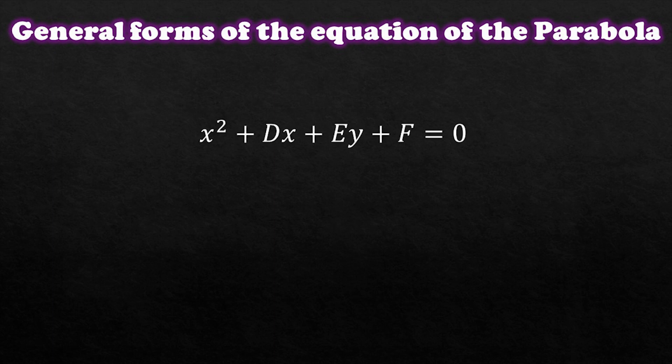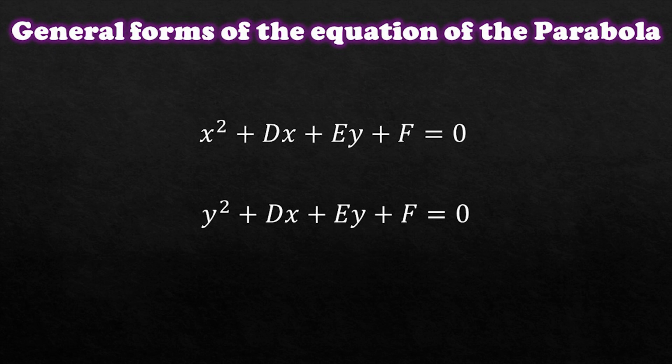We have x squared plus dx plus ey plus f is equal to 0 when the parabola either opens upward or downward. y squared plus dx plus ey plus f equals 0 is the general form of the equation of the parabola when the parabola opens either to the right or to the left.